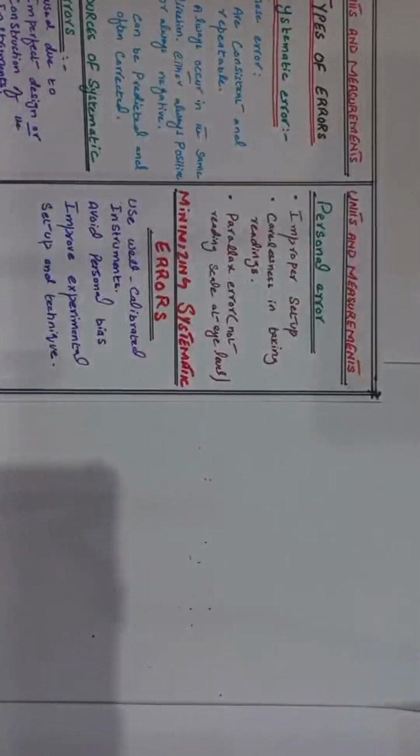These 3 points we use to minimize the systematic error. Okay, now we discuss what are the random errors. Now we discuss the random errors in detail.